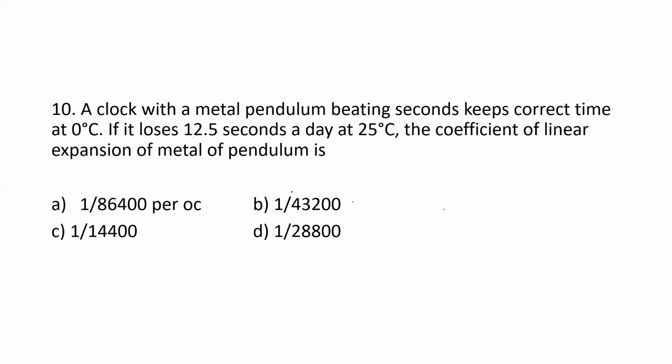So when the temperature is changed to 25 degrees Celsius, it loses 12.5 seconds. We need to calculate the α value here.